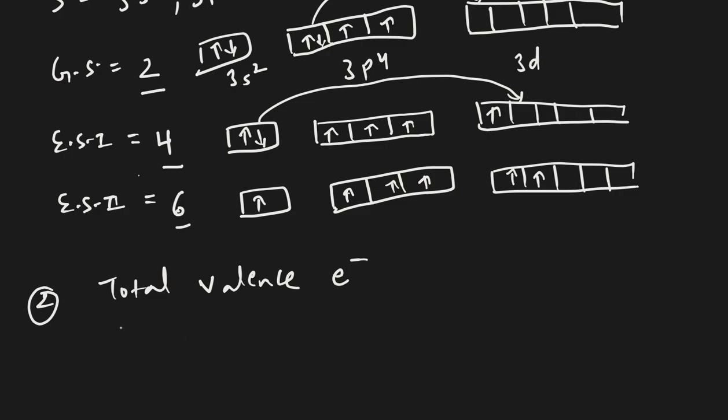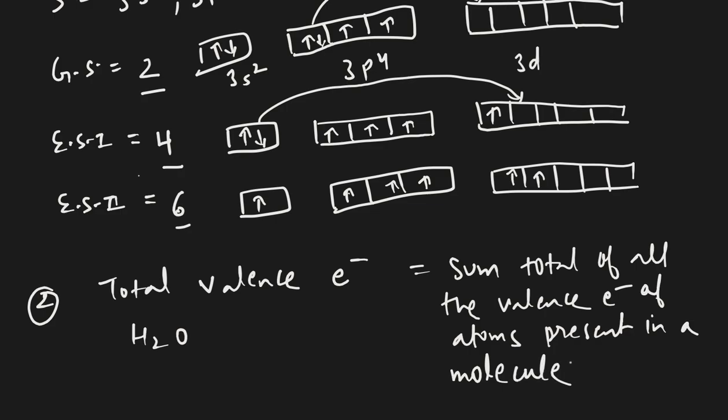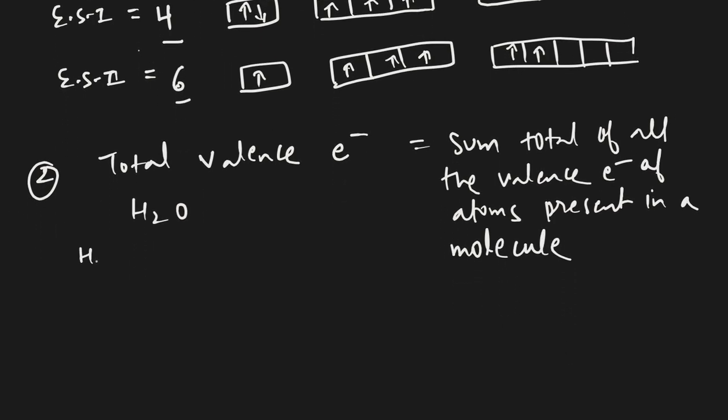I'll give you an example of water. The total valence electron is the sum total of all the valence electrons of atoms present in a molecule. In case of hydrogen, the valence electron is 1s1, that is 1.